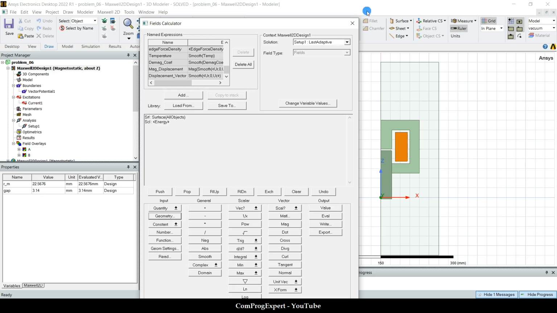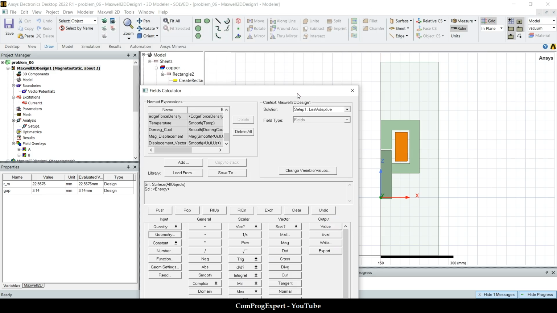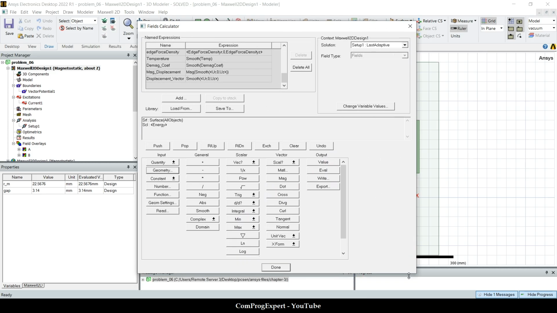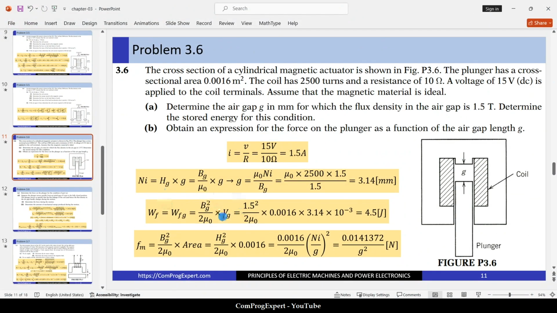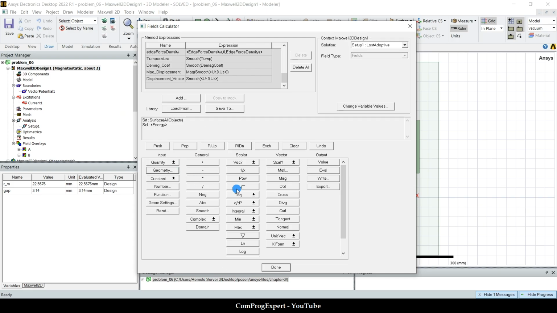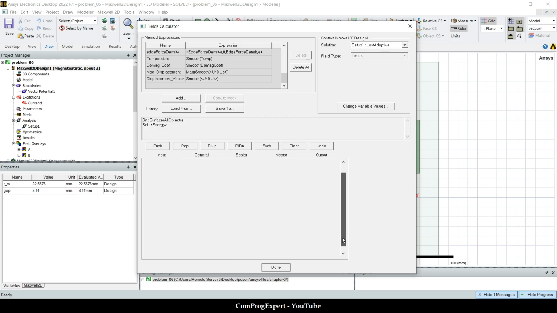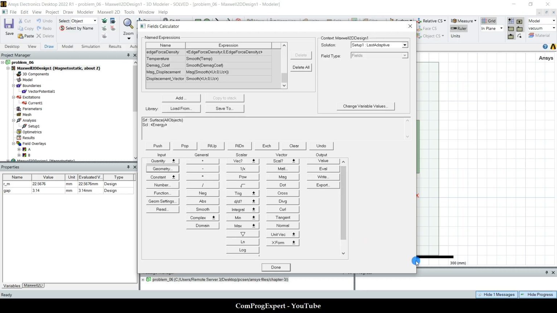But in the problem, we only calculated the energy in the air gap. We neglected energy in other locations. Let's compare. Calculate the integral of this expression. Where is the integral? Integral in xy or rz? We are going to calculate the integral in the rz plane.